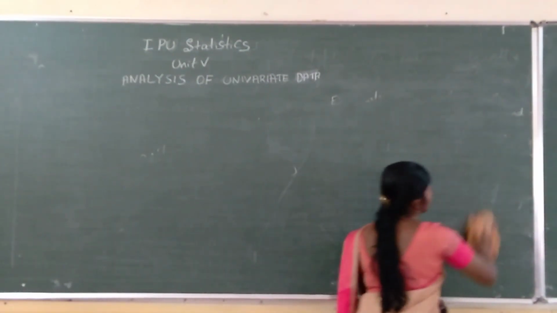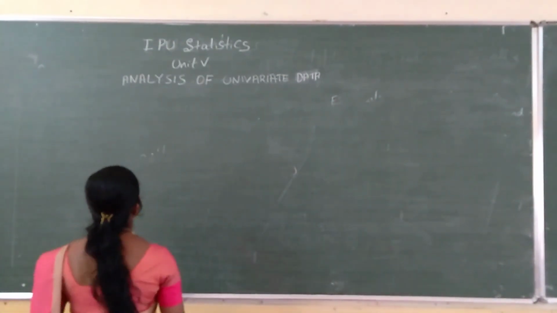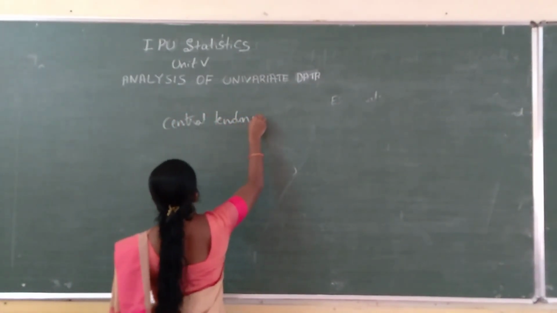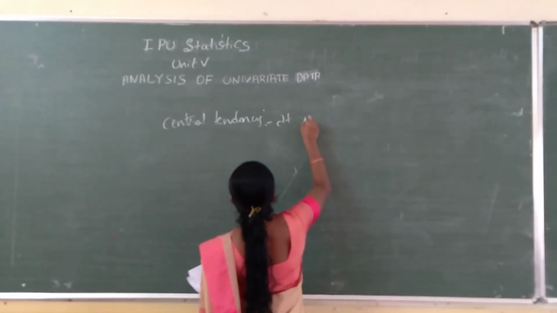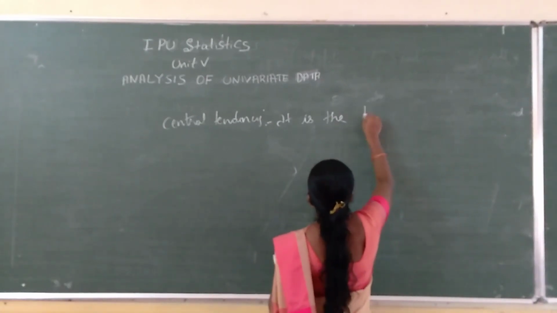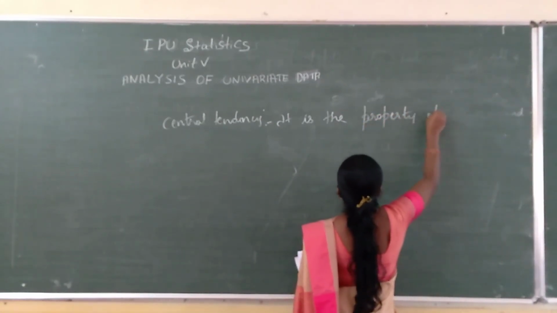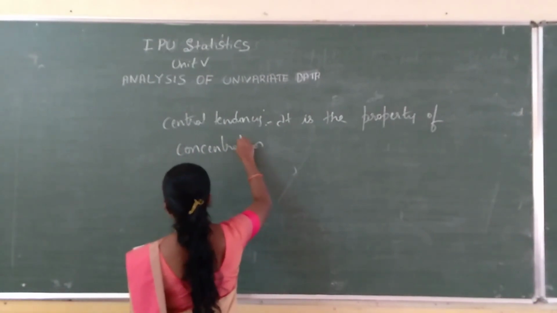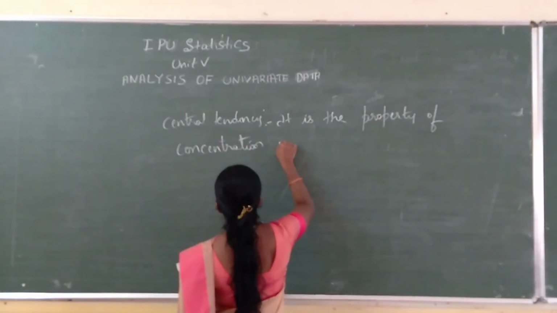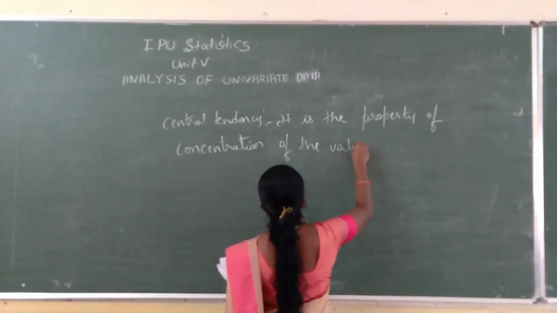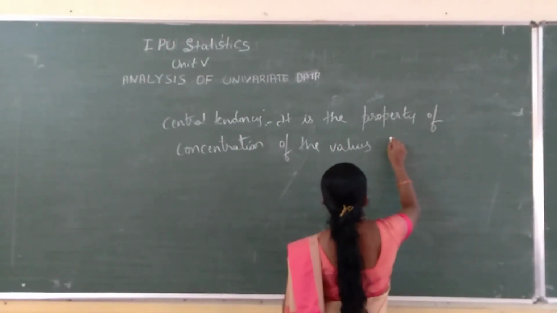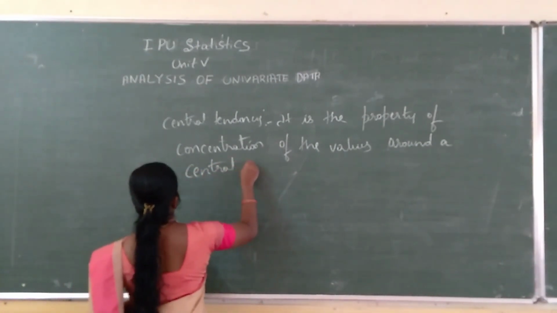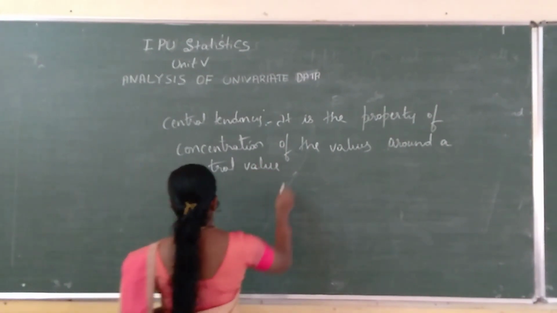Central tendency means it is the property of concentration of the values around a central value in a data.